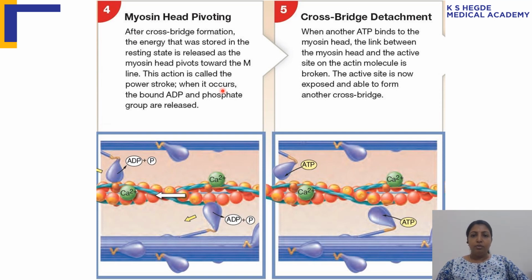Once it tilts its head, the myosin head will detach from the actin and come back to its normal direction, and then it will go and bind to another active site of the actin.